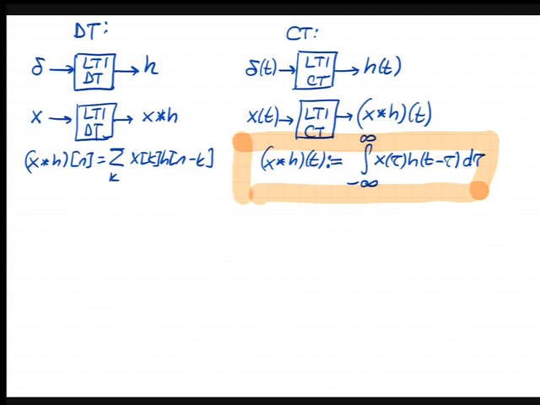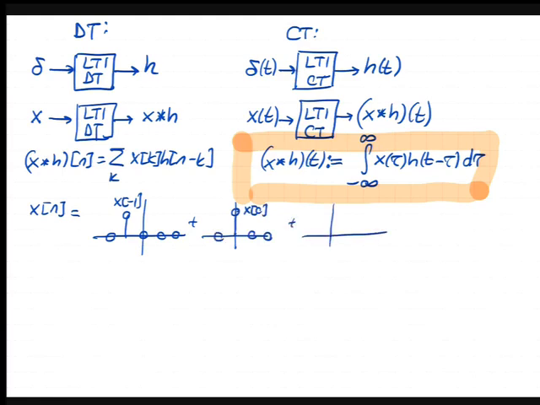Right, so we took our x and wrote it like this: x of -1 and everywhere else 0, plus x at time 0 and everywhere else 0, and then you take the value at 1 and get rid of everything else.